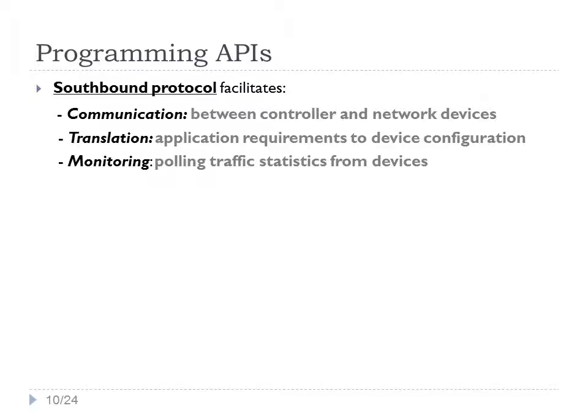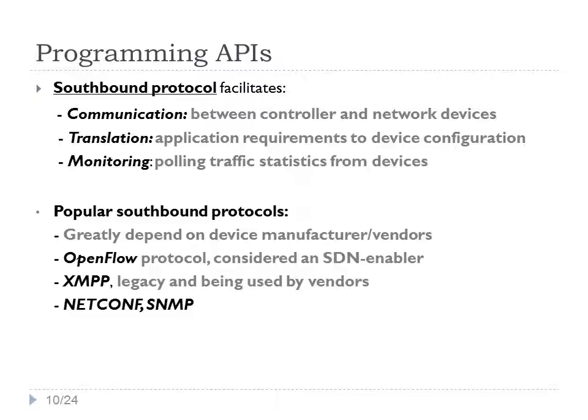Some of the popular southbound protocols include OpenFlow protocol, which, as I explained earlier, was devised by the Open Networking Foundation. Then we have something like the legacy XMPP. This is also being used by vendors. And then finally, some vendors also provide support for NETCONF and SNMP based management of individual network switches from the centralized control plane.